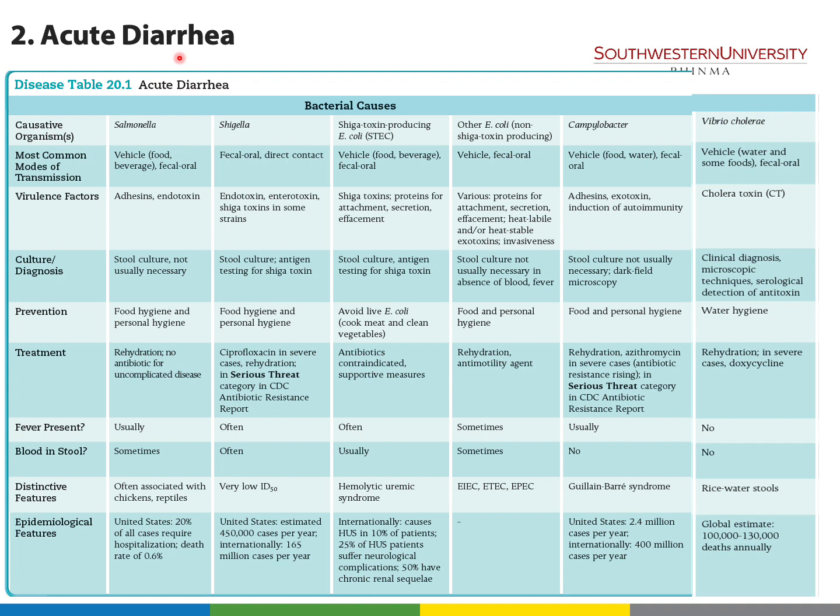Here is another bacterial infection in your gastrointestinal tract: acute diarrhea. Diarrhea is usually defined as three or more loose stools in a 24-hour period.